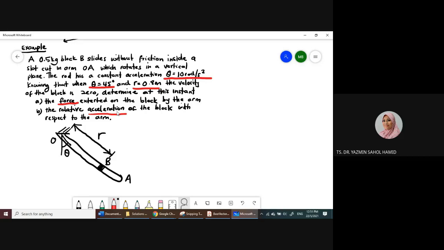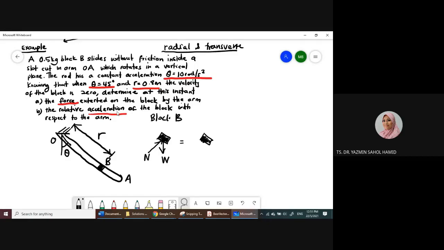So we need to draw the free body diagram first. Let's assume this is the free body diagram of the block B. For the block B, of course you have a weight W, and of course you will have a normal force N. Now, it's obvious that this question is related to radial and transverse.